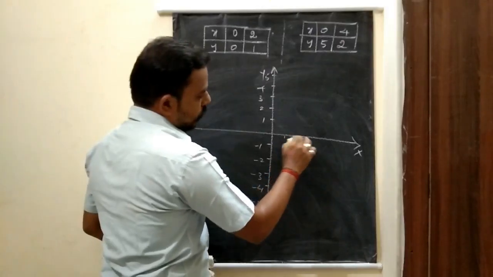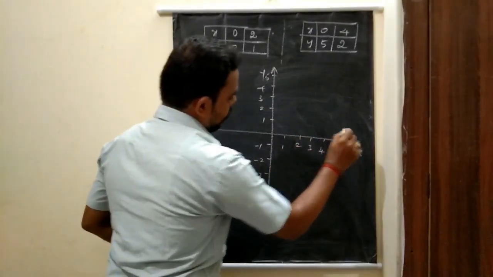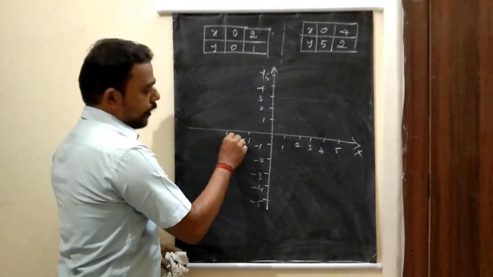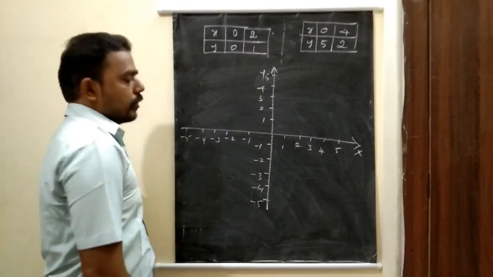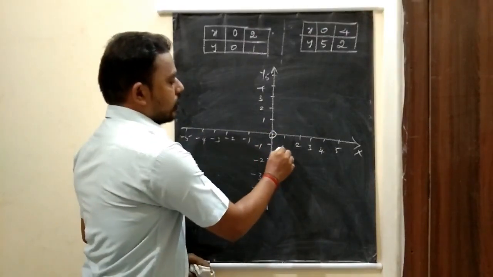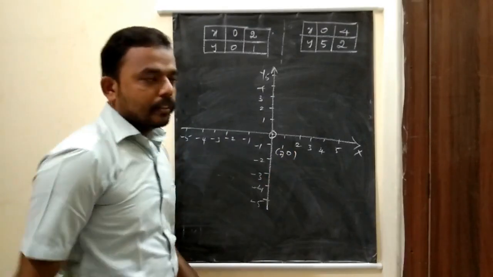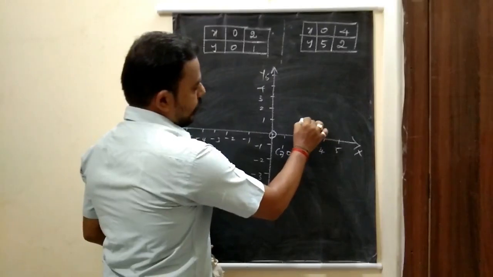Here 1, 2, 3, 4, 5. Minus 1, minus 2, minus 3, minus 4, minus 5. Here 0 comma 0 for the first one. This is the 0 comma 0 origin. Next one 2 comma 1. X value 2, y value 1. This is the point 2 comma 1.